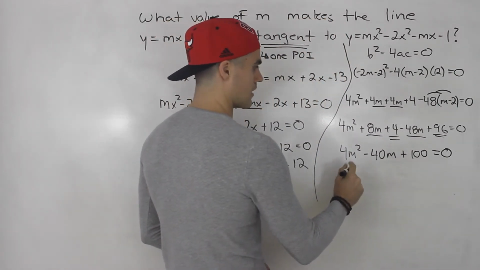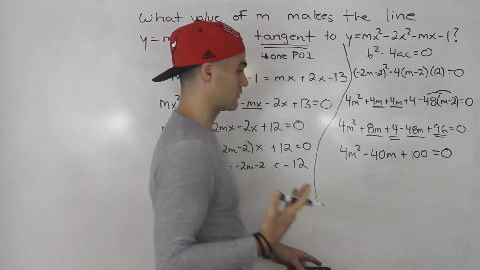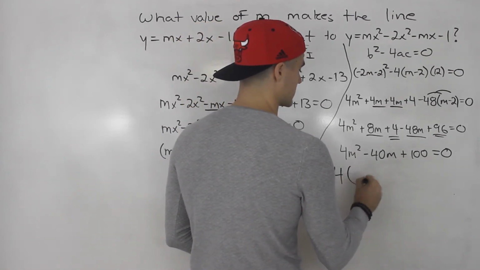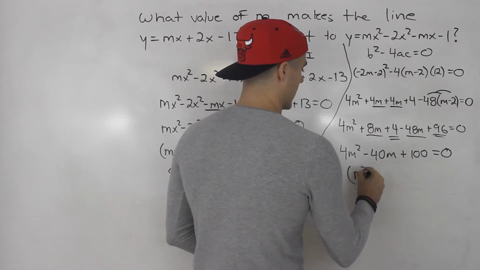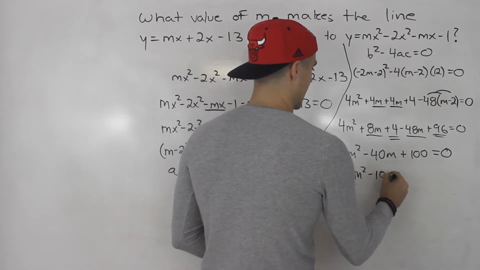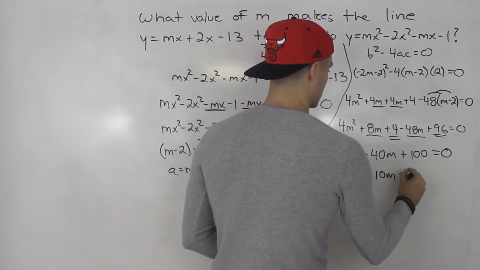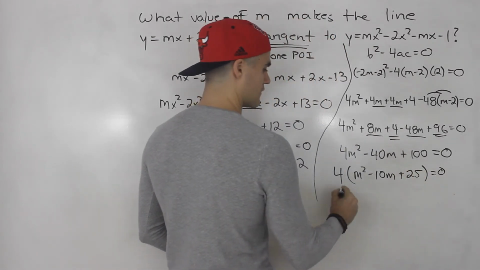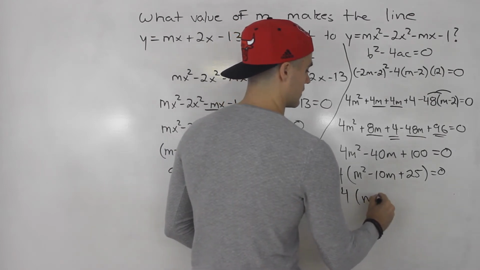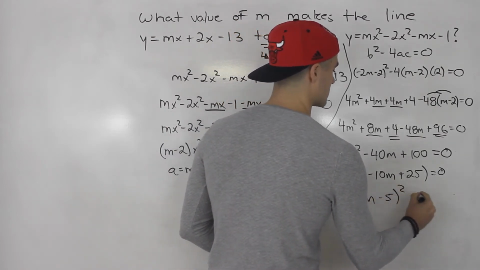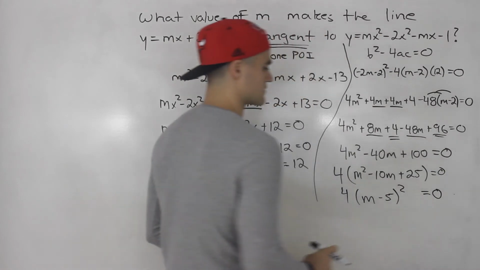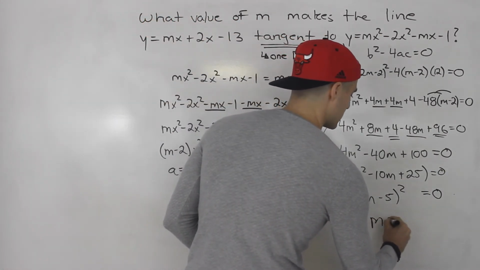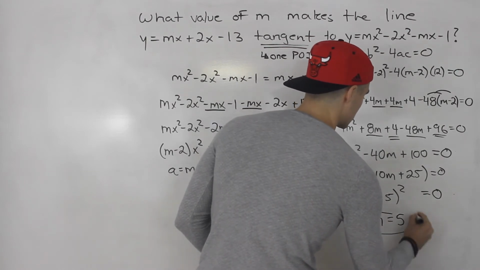At this point, you could throw this into a quadratic formula if you like. I'm going to actually try to factor it. So I could take out a 4, m squared minus 10m plus 25 equals 0. And then this here factors as a perfect square trinomial, m minus 5 squared. So from here, we could tell the solution m is equal to 5.